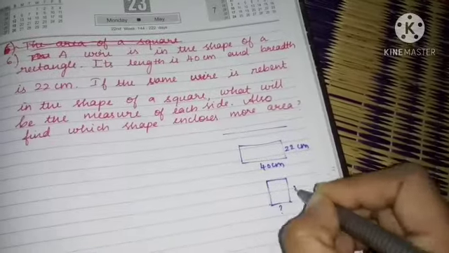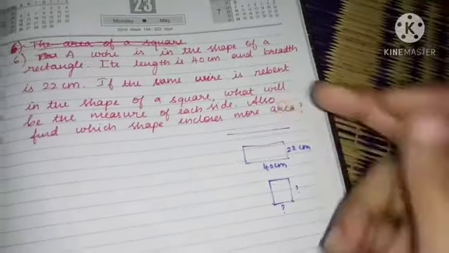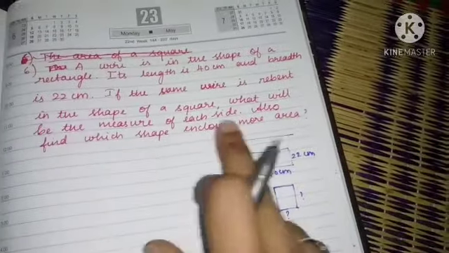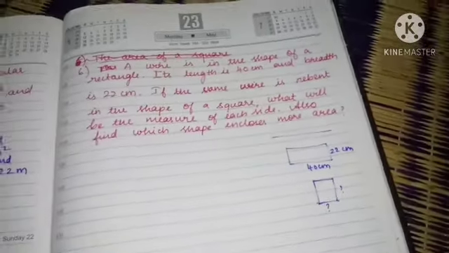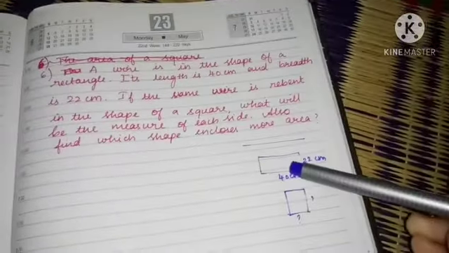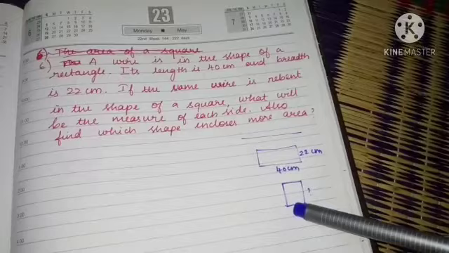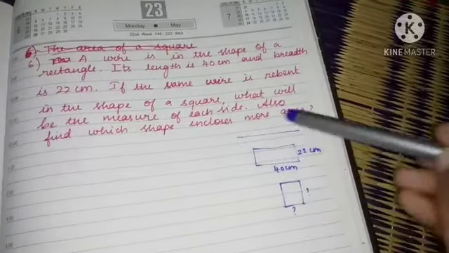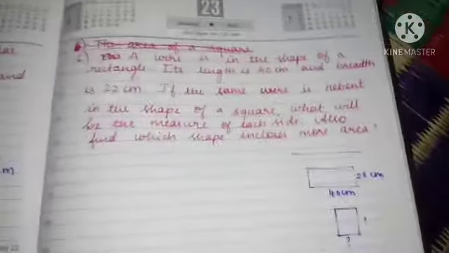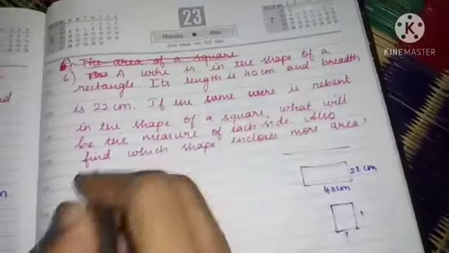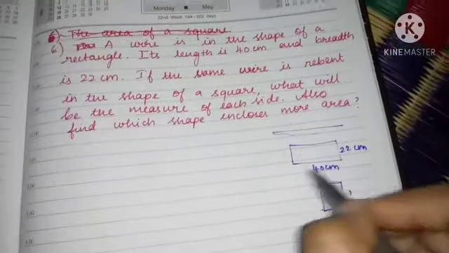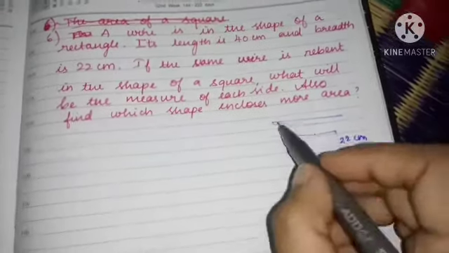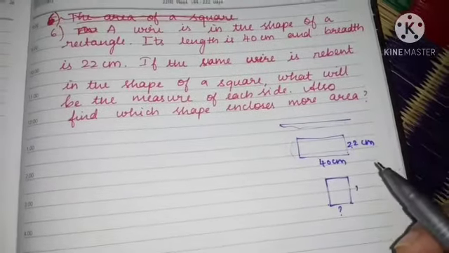Also find which shape encloses more area. So we are supposed to find whether the rectangle has more area or the square has more area using the same wire. Okay. So first, you have a length and breadth, right? If you find the perimeter of this rectangle, you will get the length of the wire, correct?